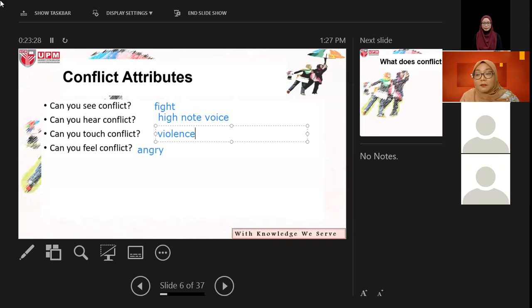Domestic violence ni maksudnya keganasan rumah tangga, sama ada suami pukul isteri, sama ada the husband slam the wife, ataupun the parents abuse the child. Itulah yang berlaku when the government implemented the work from home last time. Increase sangat-sangat.